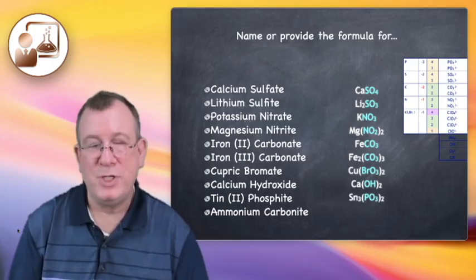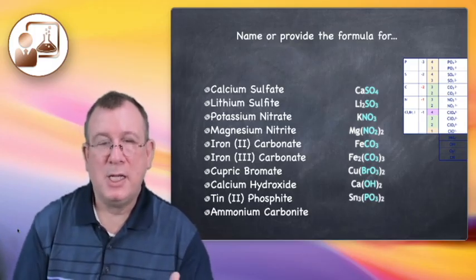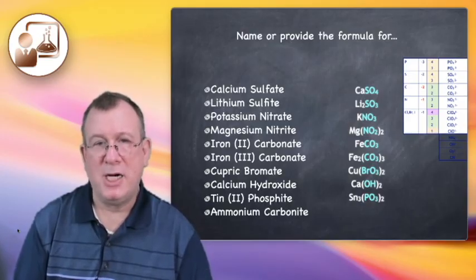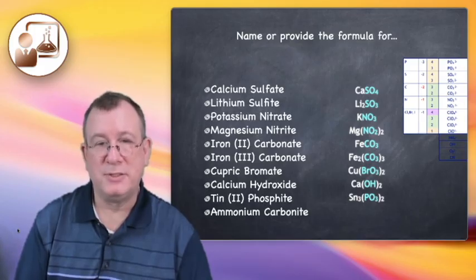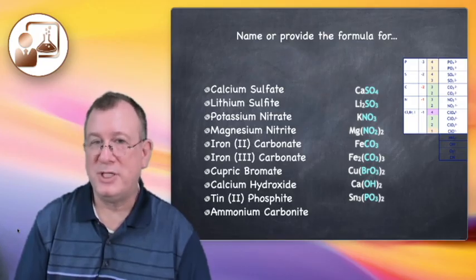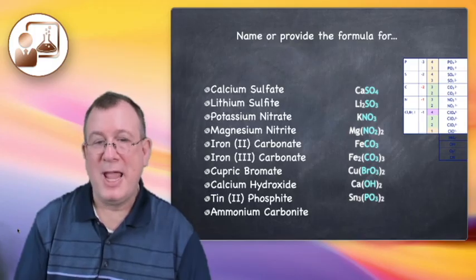How about ammonium carbonate? Carbonate has nothing to do with Han Solo, but carbonate is carbon with a bunch of oxygens around it. Ate is the big one. How many oxygens? 3. CO3, and what's the charge? Carbonate, you've got to remember, 2-. Ammonium ion, what's that look like?